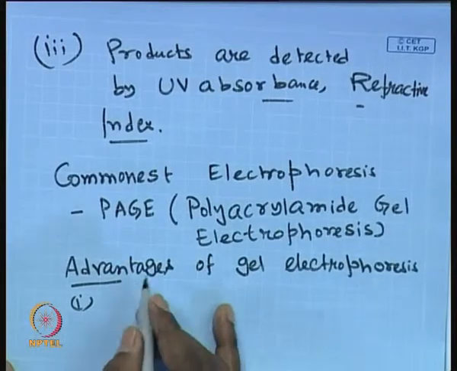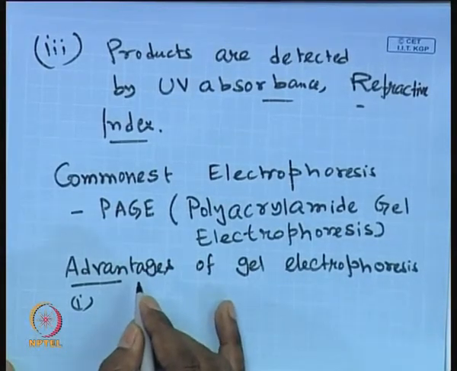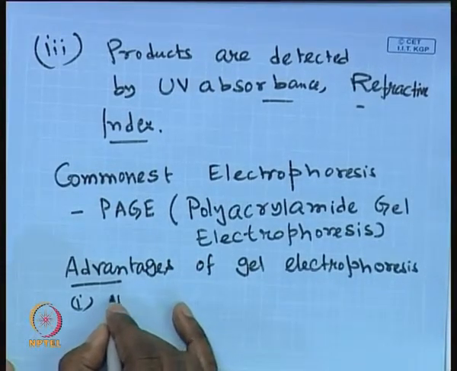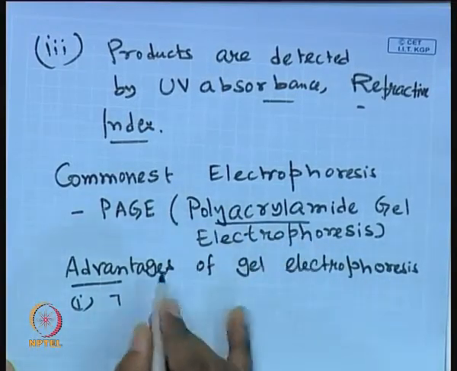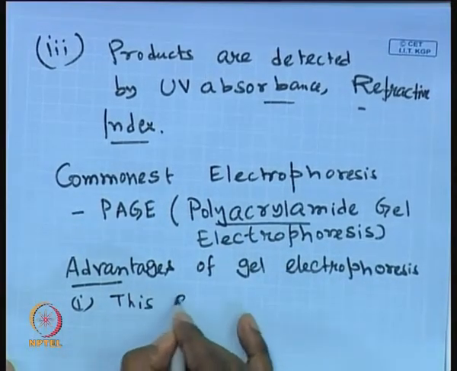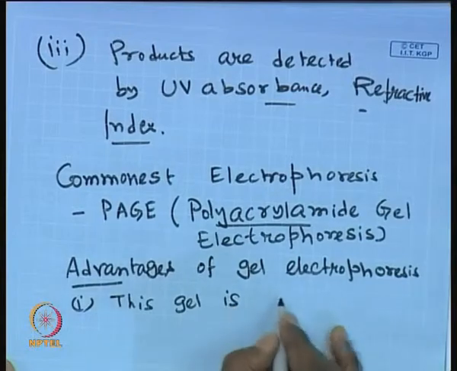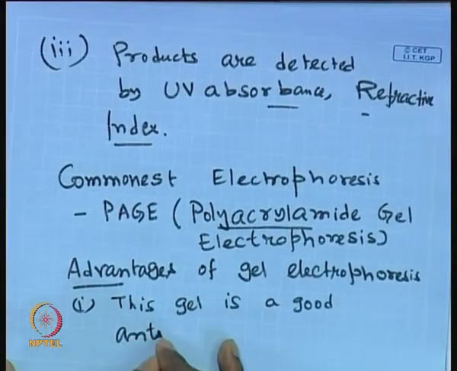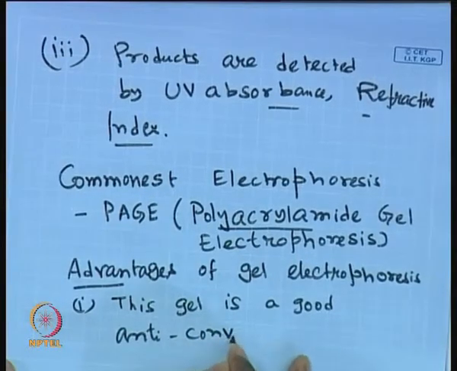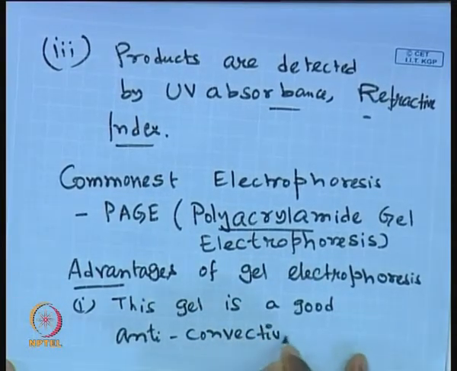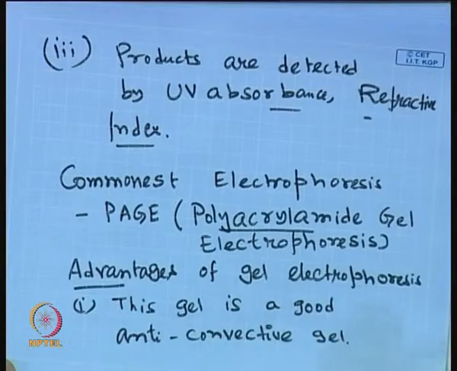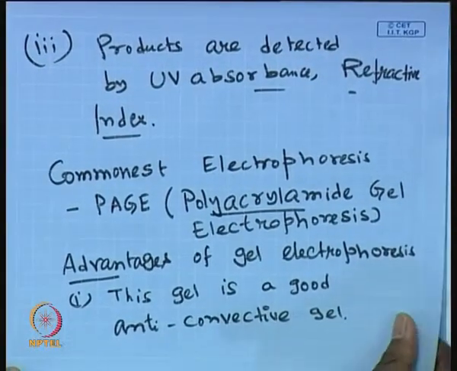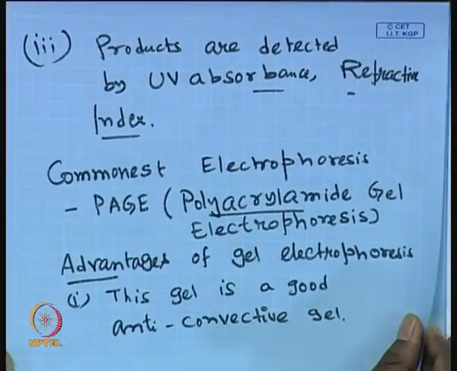This polyacrylamide gel is an excellent anti-convective gel. That means the gel structure is such that convection is not allowed. So, it is basically subdued.